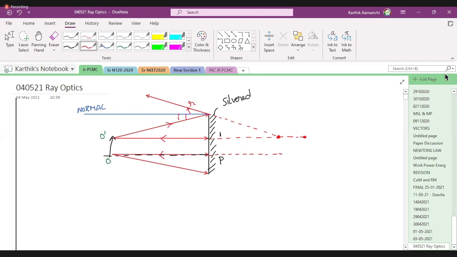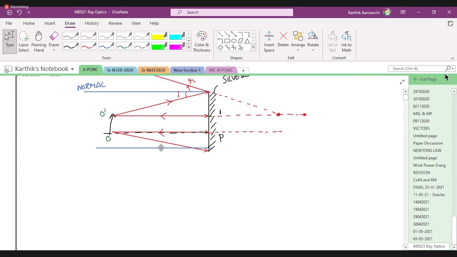Now, again, at this point, if I take the normal, this is the normal at this point.